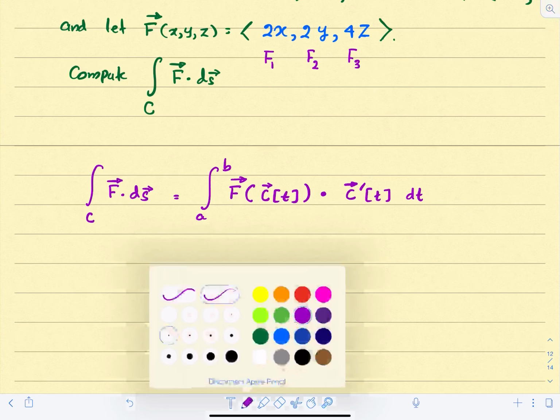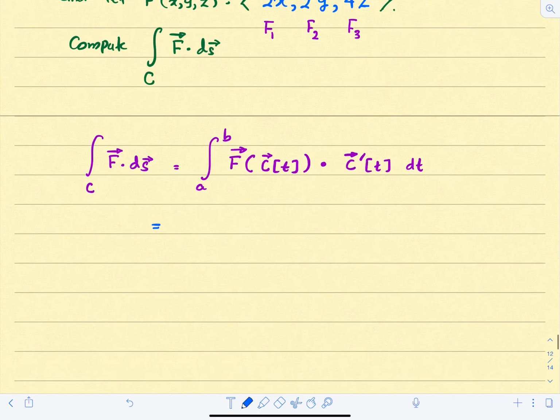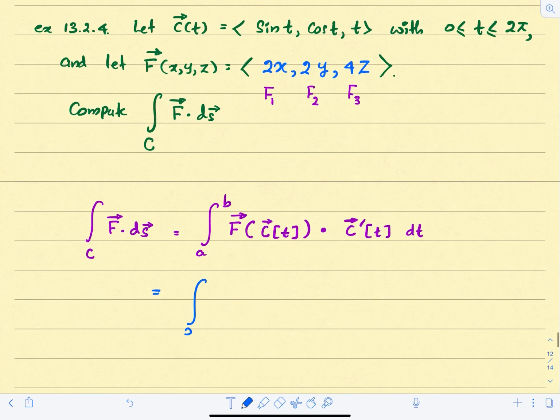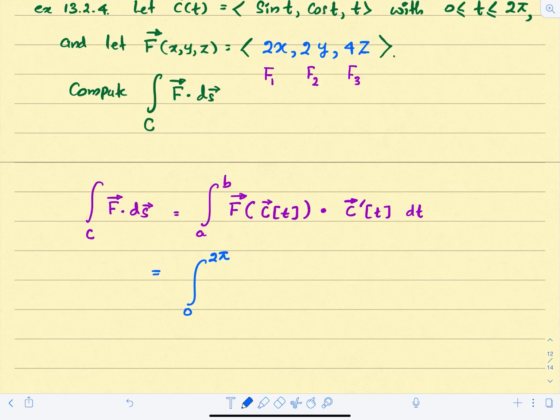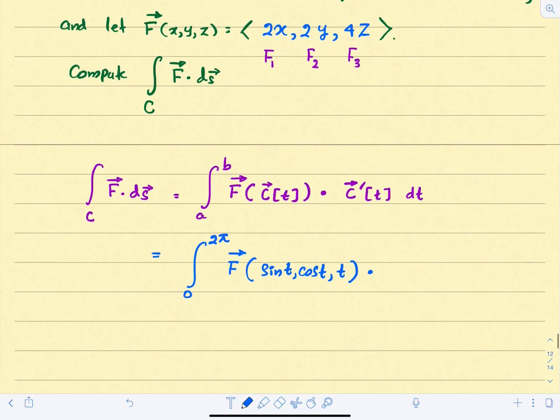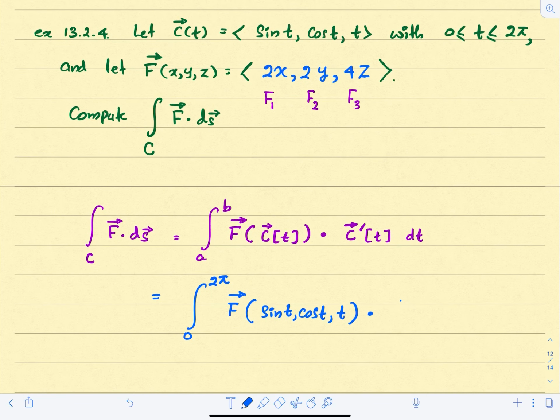Okay, so now the lower limit of t should be 0, upper limit of t is 2 pi. Now let's evaluate our function f at c of t, which is given by sine t comma cosine t comma t, dot, okay, what is c prime t? Let's write c prime t here, dt.